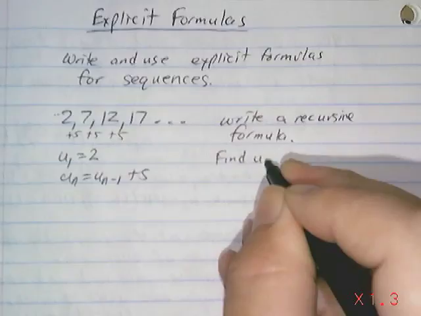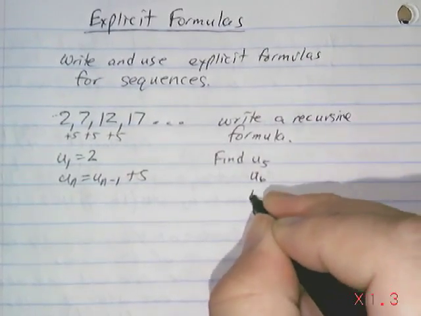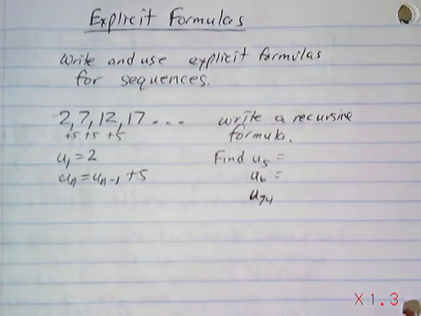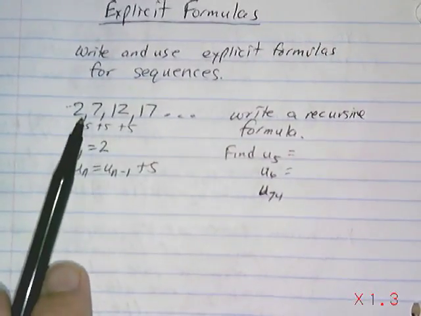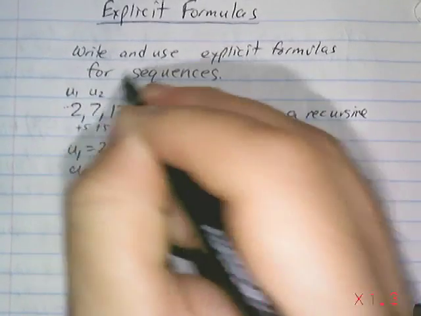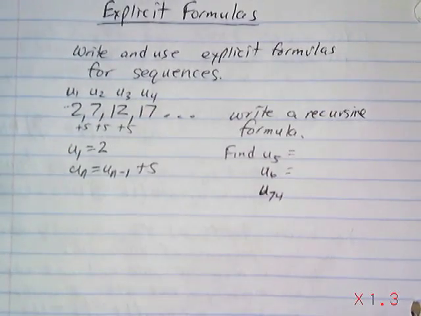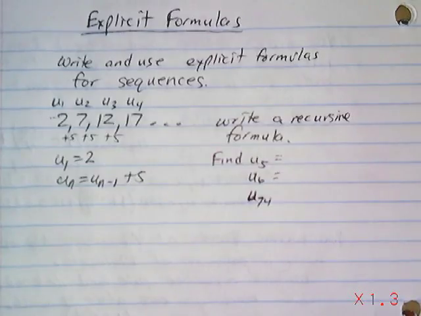U sub 5 comes right after u sub 4, so I take 17 plus 5, which gives 22. To find u sub 6, I add 5 to u sub 5, which gives 27. We've done that many times.